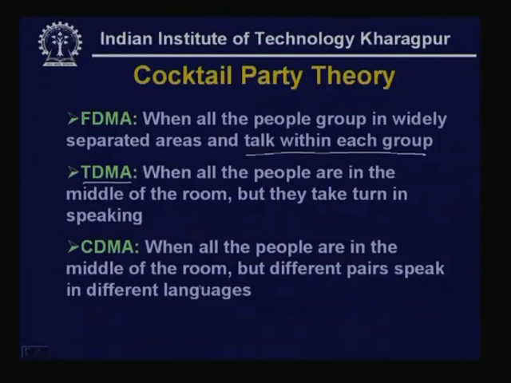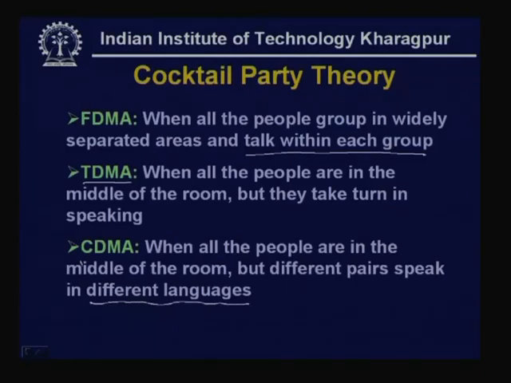Since they are speaking different languages, the people in the group talking in English, although they are hearing the voices spoken in say Hindi or French or German, that will not interfere with their discussion. So, here all of them are talking simultaneously, but they are not interfering with each other because they are talking in different languages.